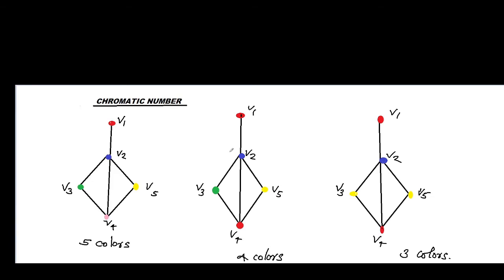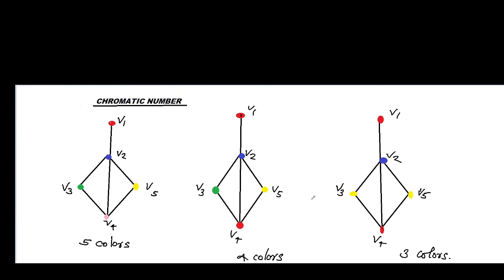Now a graph that requires k different colors for its proper coloring and no less is called the k chromatic graph, and the number k is called the chromatic number of G. So what is meant by the chromatic number?